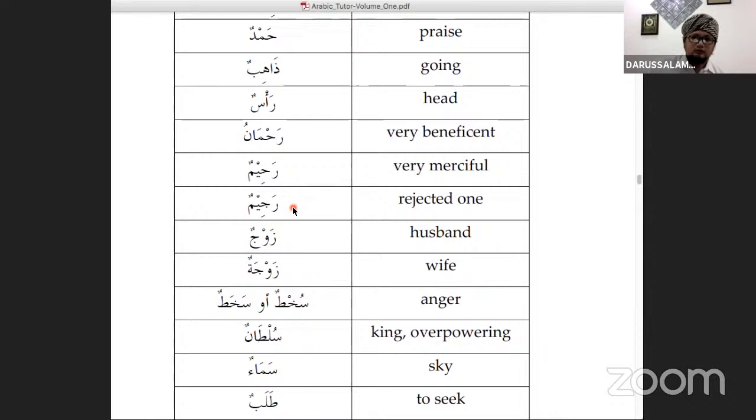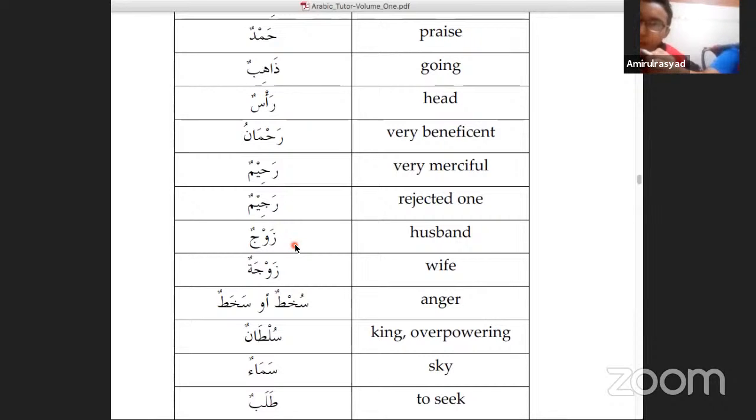Next. Zauj. Dah baca ni, zauj. Zawj. Husband. Husband. Yeah. Next. Zawjatun. Zaujah. Zaujah, wife.